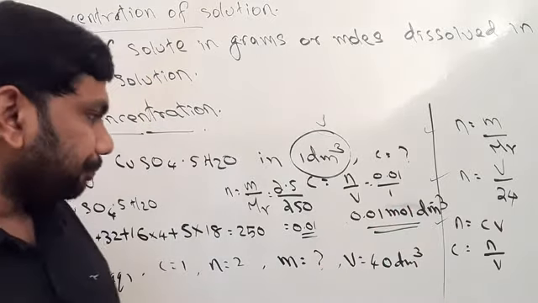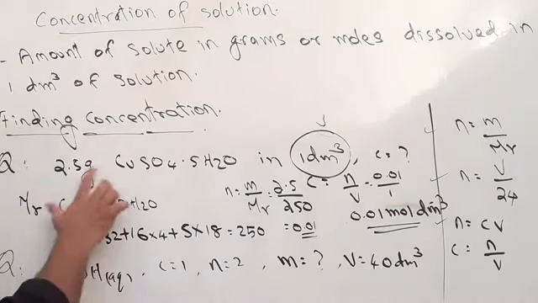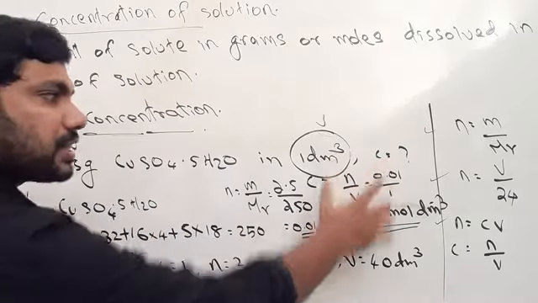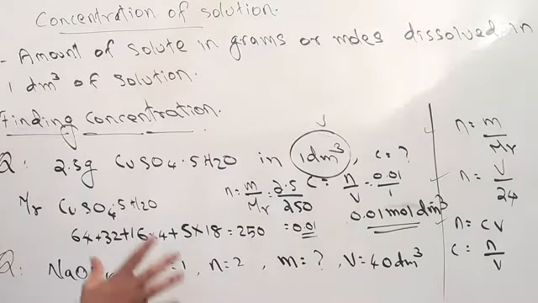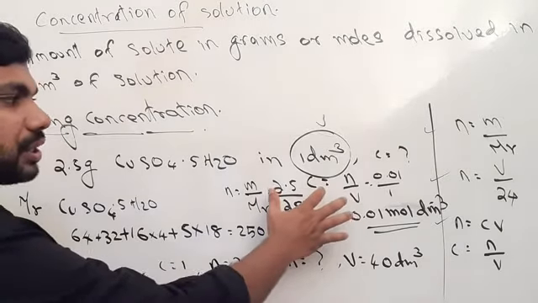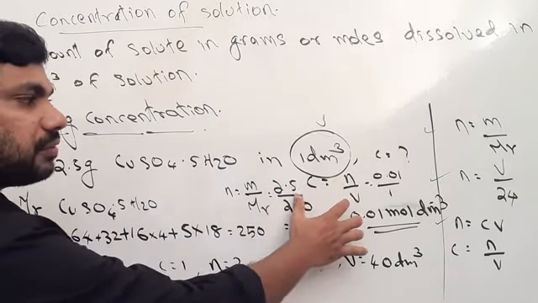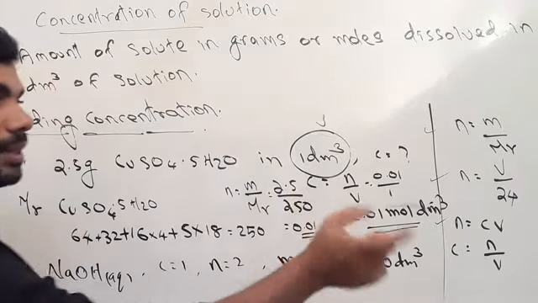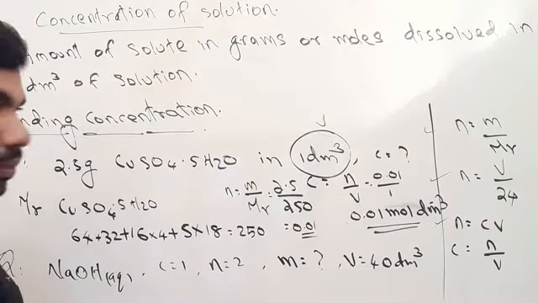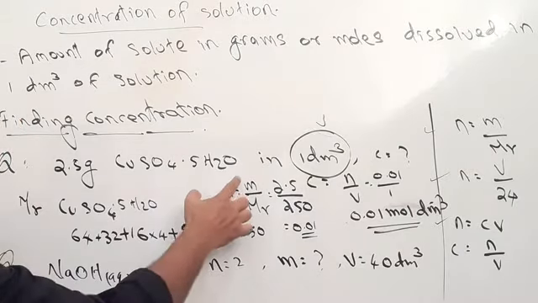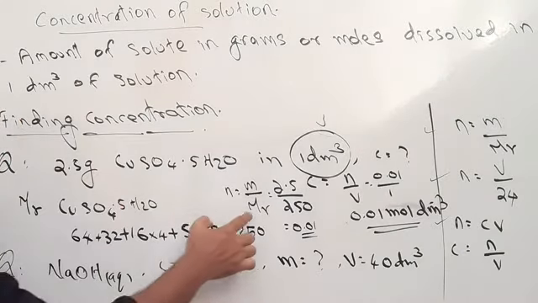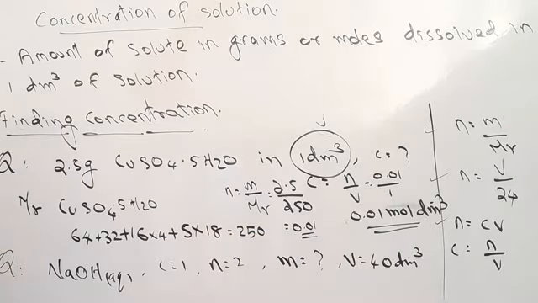So here we did 2.5 gram copper sulfate in 1 decimeter cube. We want to find the concentration. This is the formula: concentration is the number of moles divided by volume. The volume is already given, 1 decimeter cube. We have to find the number of moles, which is mass over molar mass. The mass is given, 2.5 gram, so we only have to find the molecular mass.